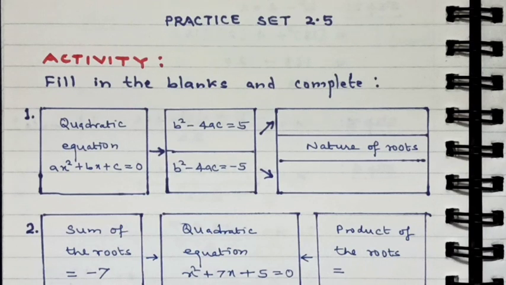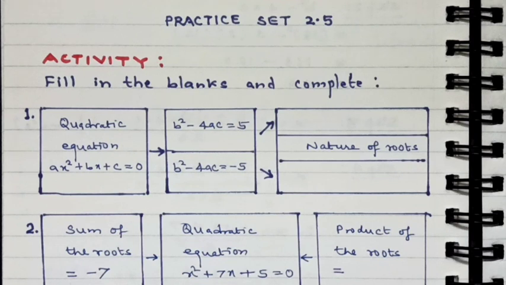After that, I calculated b square minus 4ac to solve the given problem using the formula method, where the formula was x is equal to minus b plus minus square root of b square minus 4ac upon 2a.